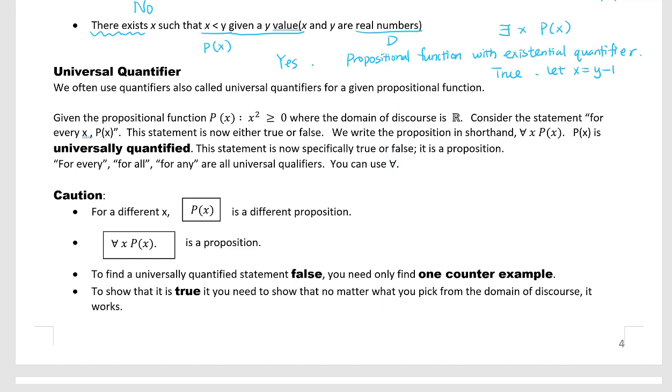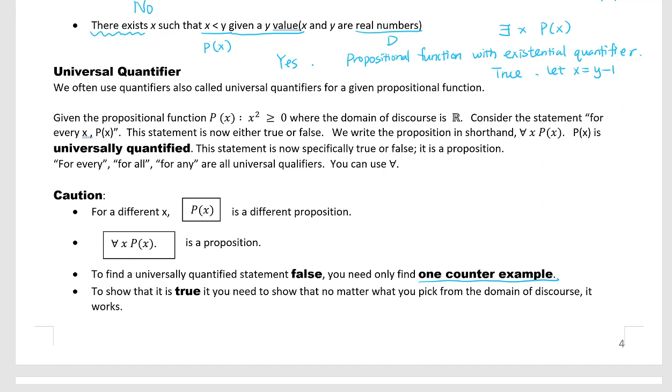Alright, caution. For a different x, p of x is a different proposition. And for all x, p of x, this statement is a proposition. It means that for all x in the domain, p of x is satisfied. P of x is true. To show a universally quantified statement is false, you just need to find one counterexample.